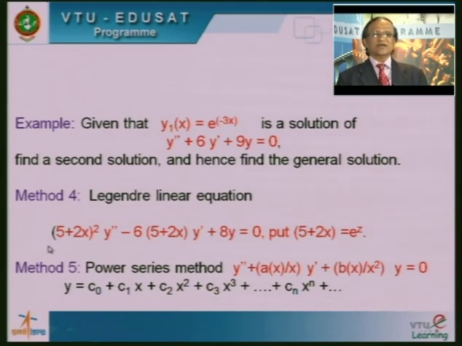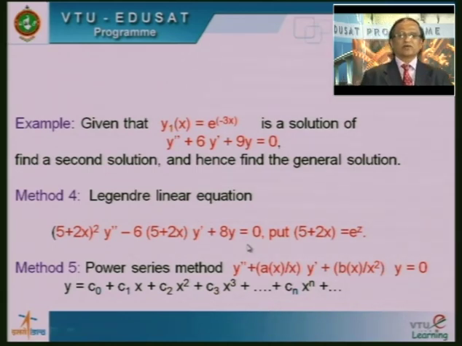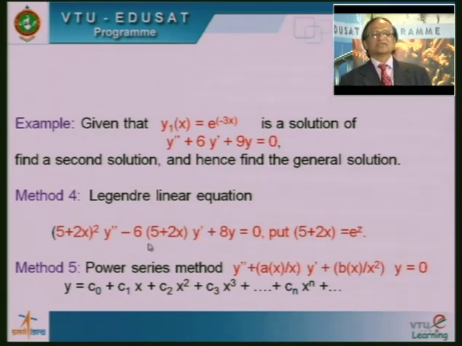One more method is the Legendre linear equation. Suppose the given equation is in this form: 5 plus 2x whole square into y double prime minus 6 times 5 plus 2x into y single prime plus 8y is equal to 0. This is our differential equation. Now I want to find the solution. How do we find the solution? By using the method of substitution.